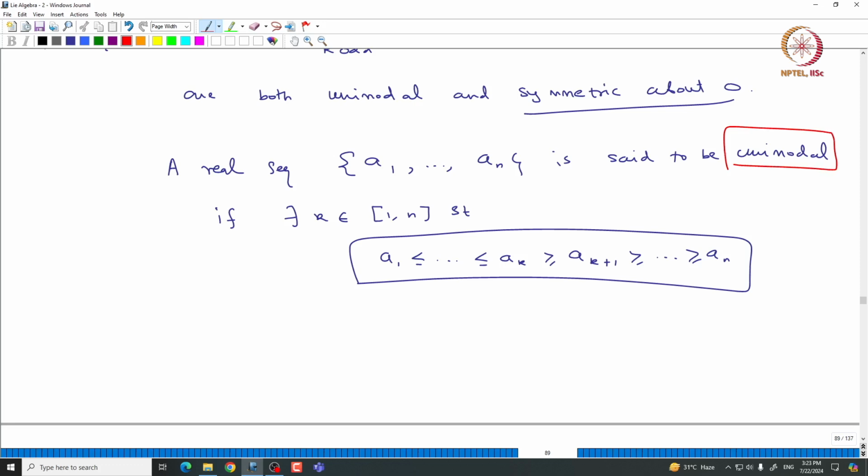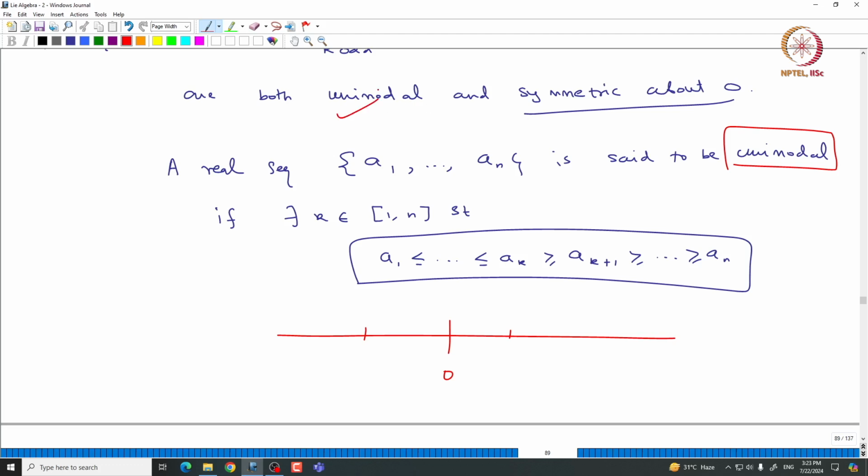So, if the sequence is symmetric about 0, then of course, you have like you have plotted. This is the origin, you plot the sequence here and here, and obviously symmetric about the origin means the numbers a k is the same as a n minus k. And now, symmetric about the origin actually implies unimodal.